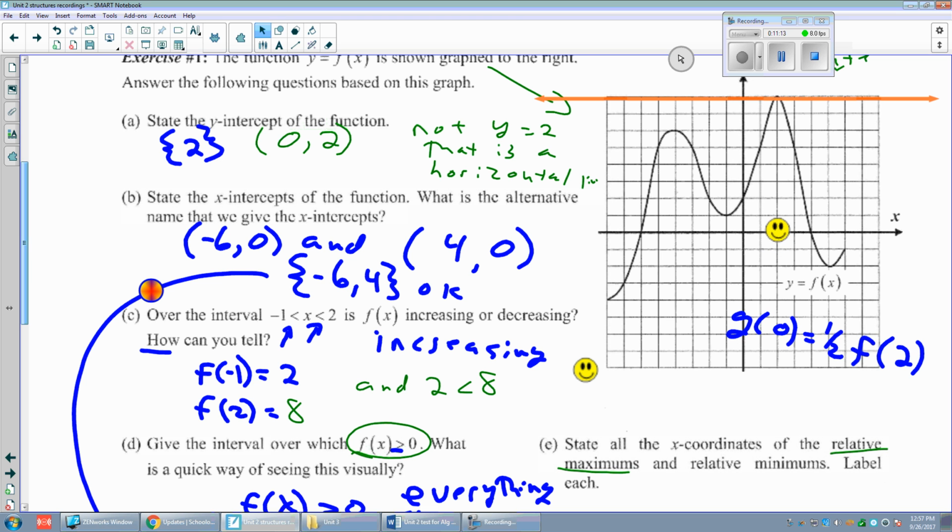I go up 1, 2, 3, 4, 5, 6, 7, 8. I go up 8. So g of 0 is 1/2 times 8, because the function value at 2 is 8. We just saw that. Rewind it. Ask me in class. Ask questions. g of 0 is 4.